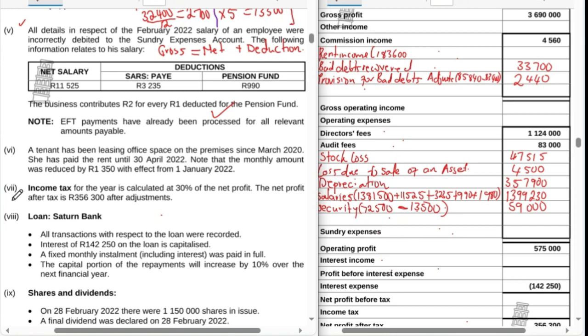So guys, now we are doing rent income as we have the word tenant. The tenant has been leasing our office space since March 2020, and she has paid the rent until 30 April 2022.